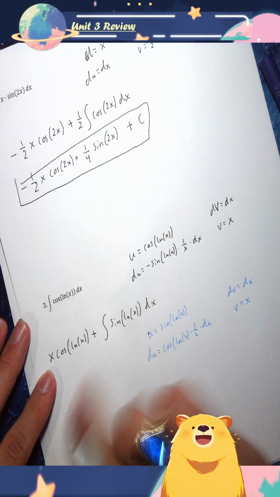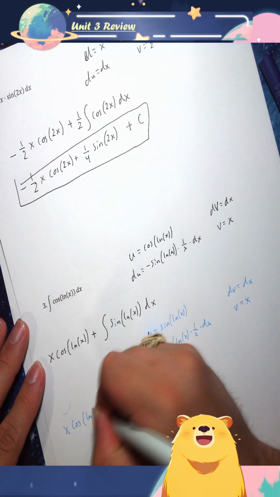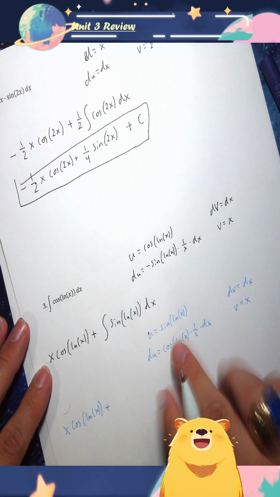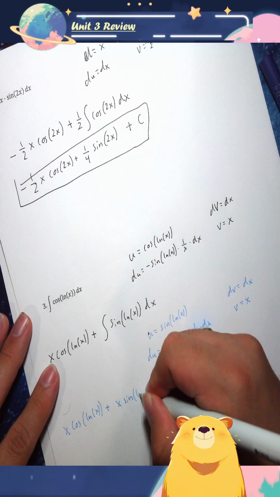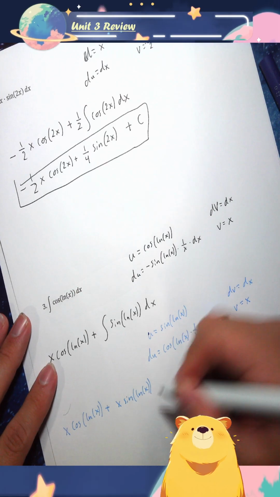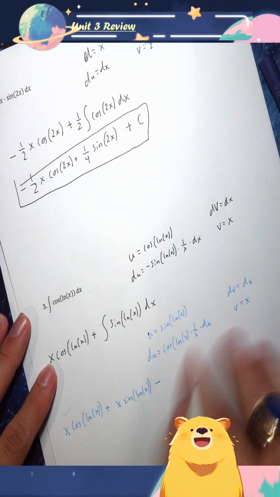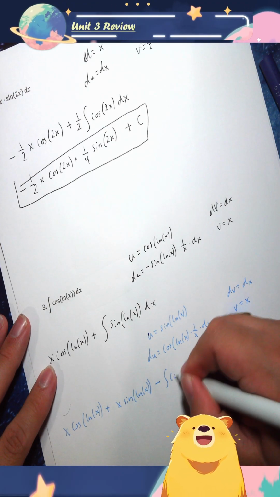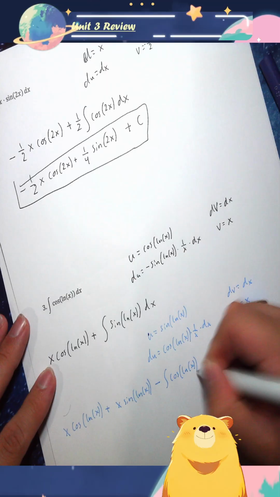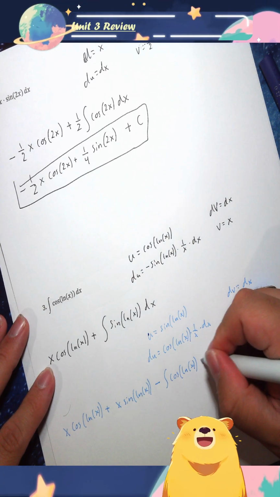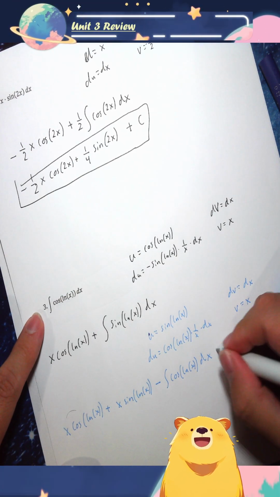So we're going to replace this whole thing with that. We have from before the x cosine of ln of x plus these guys multiplying, so x sine of ln of x, and then minus these, which is cosine of ln of x, and then the 1 over x and the x cancel out, and you're doing dx. So don't forget what this was all initially equal to, this.